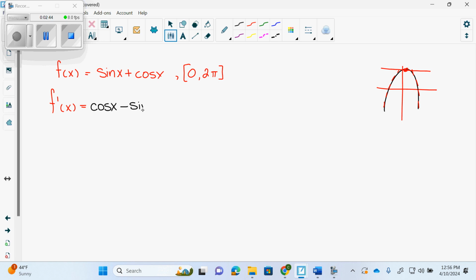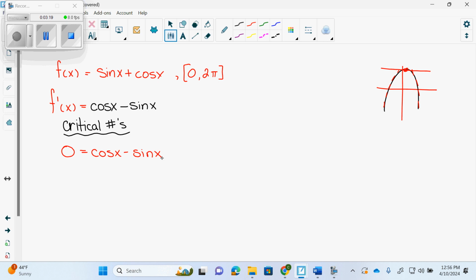And in order to get the critical numbers, we need to set f prime of x, or the first derivative, or the tangent slope, equal to 0, because we're trying to find all those spots where the tangent slopes are equal to 0, the x values where that's happening. So we get 0 equals cos x minus sine x.